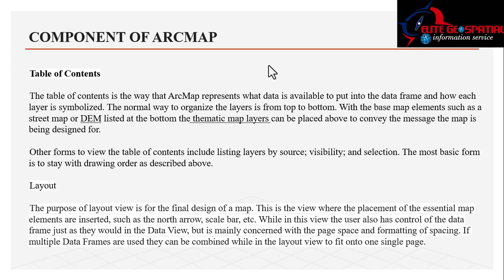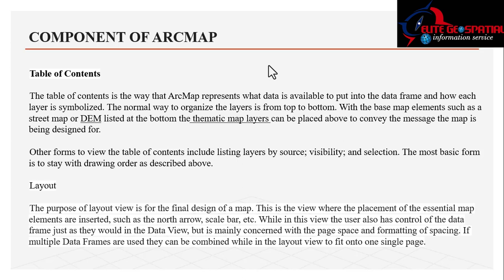The thematic map layers can be placed above to convey the message the map is being designed for. Other forms to view the table of content include listing layer by source, visibility, and selection. The most basic form is to stay with drawing order as described above.